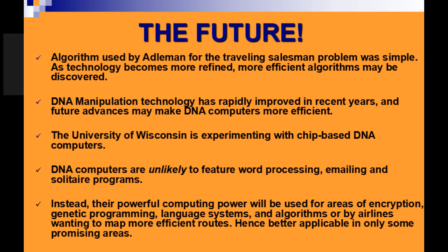Instead, their powerful computing power will be used for areas of encryption, genetic programming, language systems, and algorithms, or by airlines wanting to map more efficient routes. So better applications are possible only in some promising areas.